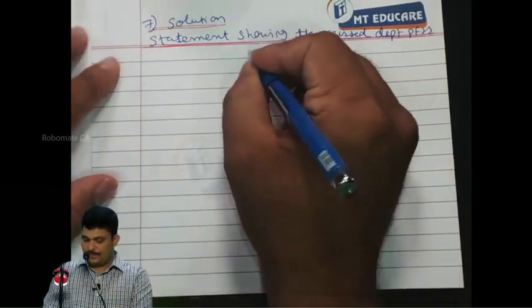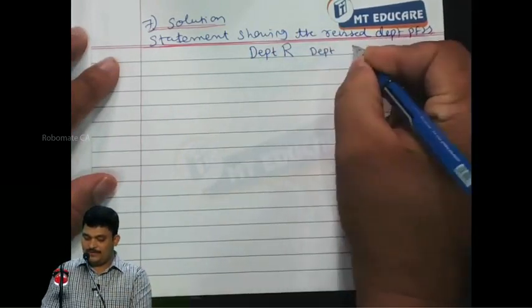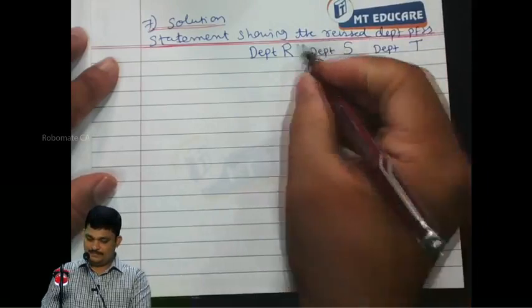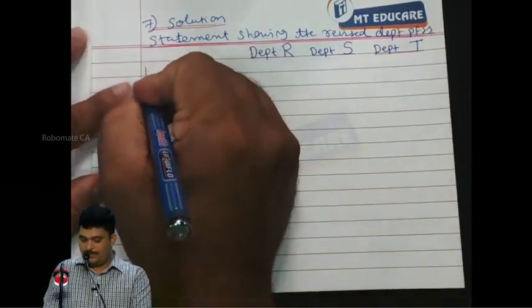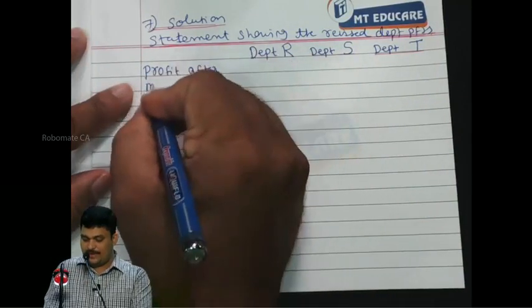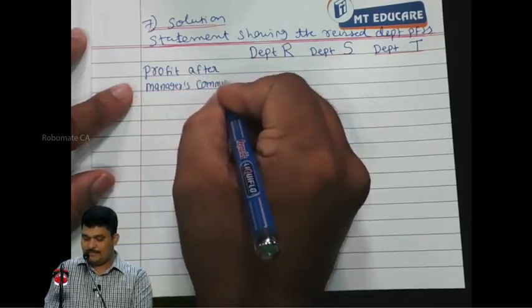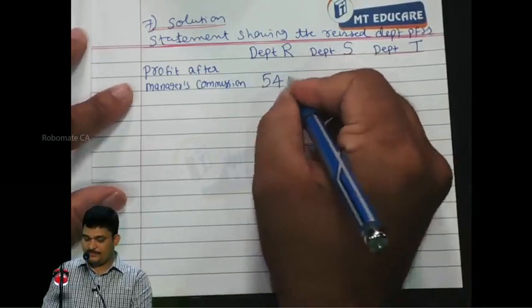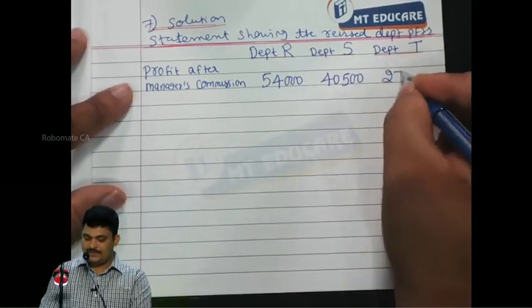In this, department R, department S, department T. Profit after managers commission is 54,000, 40,500, 27,000.